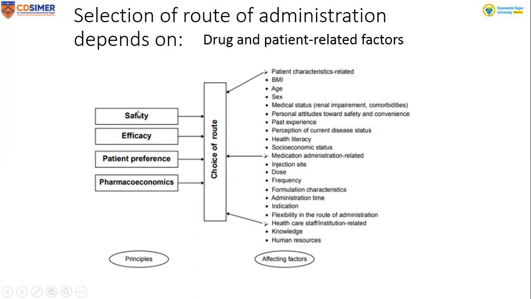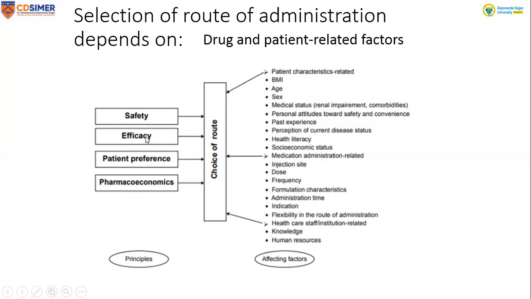If the drug is very safe, then we can give oral route, and patients themselves can administer it, and it is efficacious. If it is a highly potent drug, then chances of adverse events are very high. So one needs to be careful about it and instruct properly, and also the route of administration has to be decided.